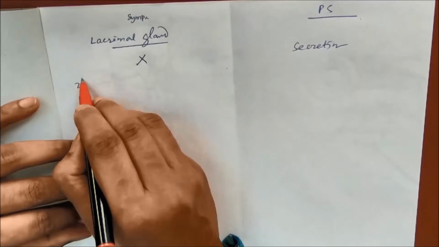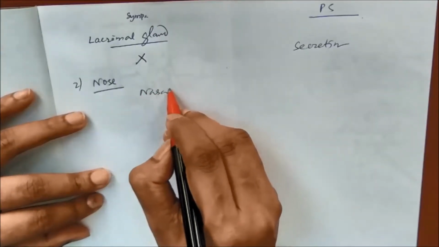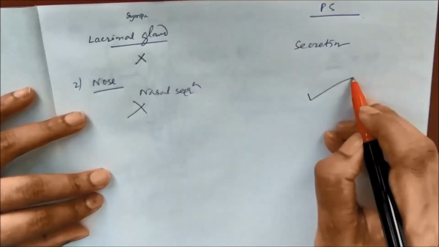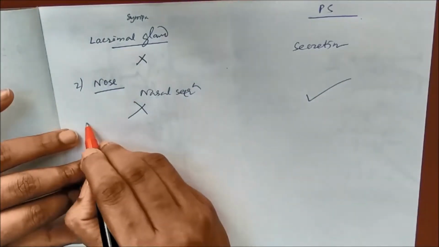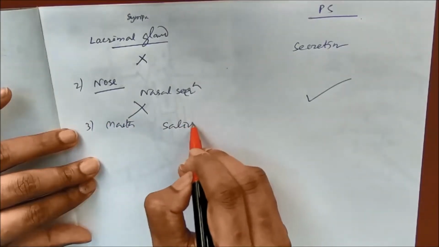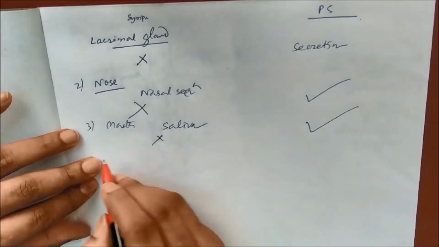After the eye, we go to the nose: nasal secretion is parasympathetic, with no secretion in the case of sympathetic. Mouth means saliva secretion, again parasympathetic activity, no sympathetic activity.